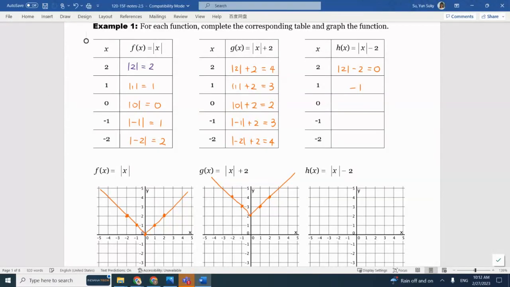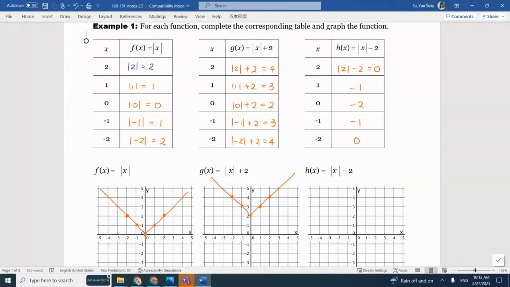Yeah, it would be minus 1. Okay. Very good. Peter. Yes, very good. -2. David. -1. Alexis. 0. Yes.